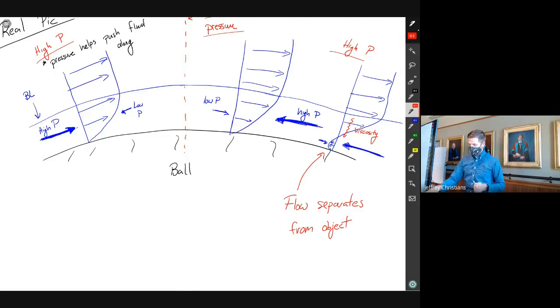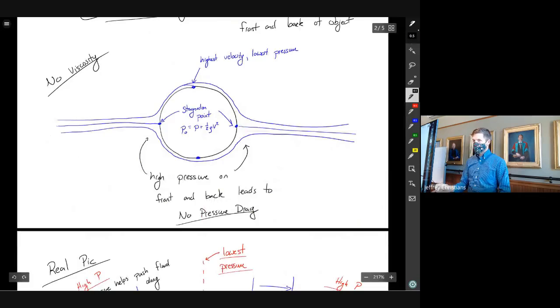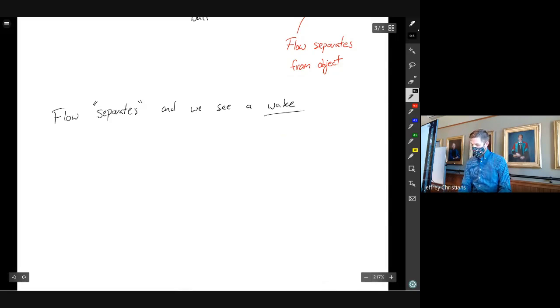So if we look at what happens with our object, our real picture is not this. Our real picture is that our flow separates and we see a wake. And this terminology, flow separation, is broadly used in fluid mechanics, and you maybe have heard it in some of the videos that we've watched.